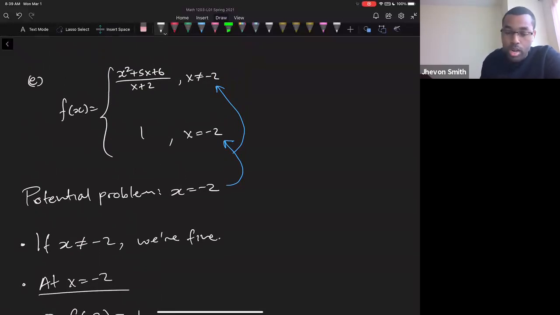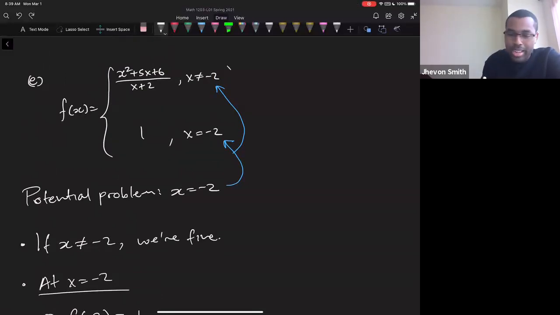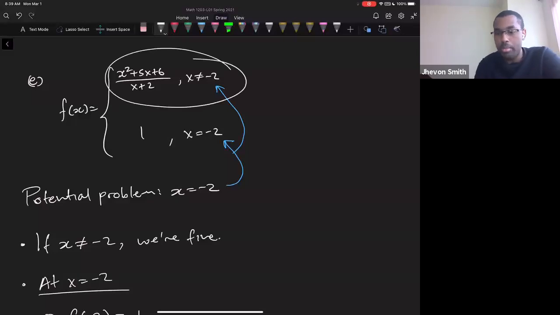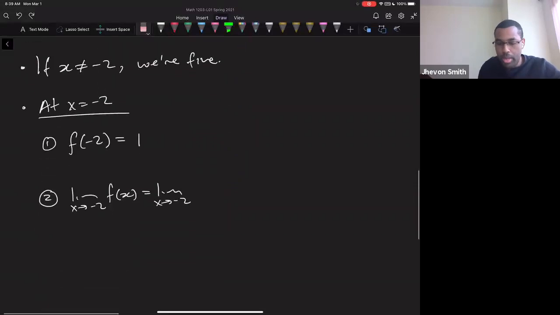Now remember, limits do not care about what is actually going on at the point. So I would not look at that line. I want to look at this line because that's what the limit cares about. It cares about getting close to -2, so it cares about being a little bit to the right or a little bit to the left. So I don't actually want to be at -2 when I'm taking the limit. So the limit is actually the limit of that function.